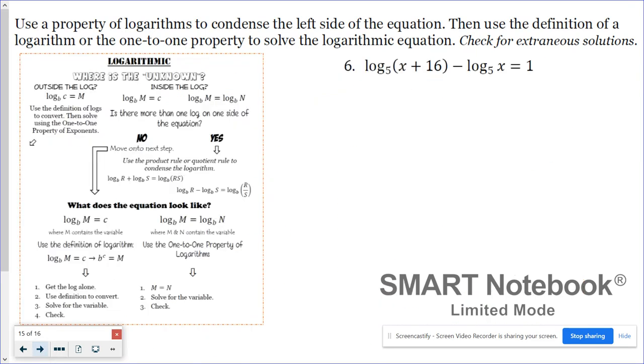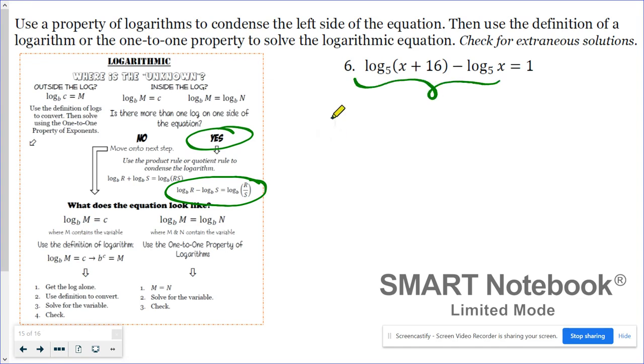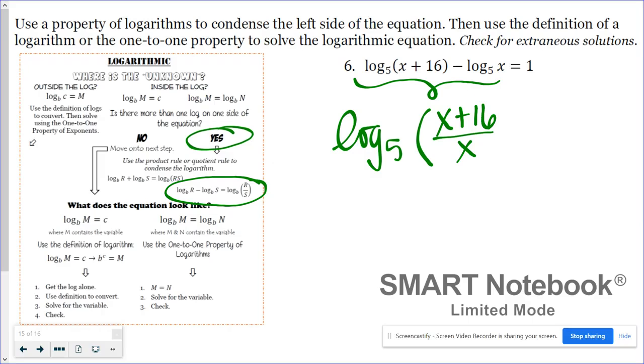In problem number 6, I have log base 5 of x plus 16 minus log base 5 of x equals 1. So is there more than 1 log? Yes, there is. I have log minus log, so I'm going to use my quotient rule to condense. So here on the left side, I get log base 5 of x plus 16 over x equals 1.